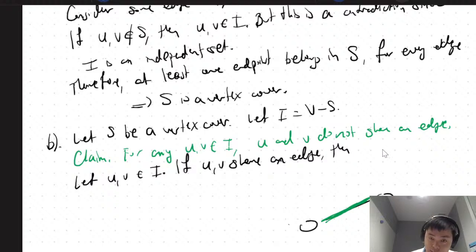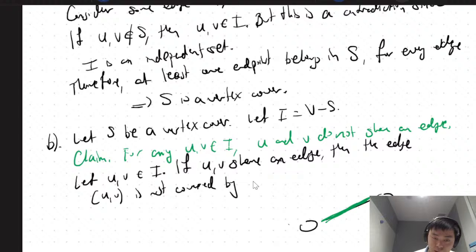Then the edge UV is not covered by S, right? Because your vertex cover might look like this, and then maybe I pick these vertices.